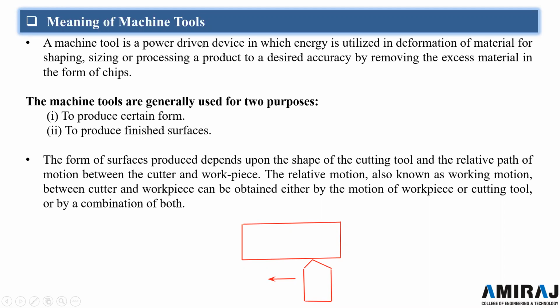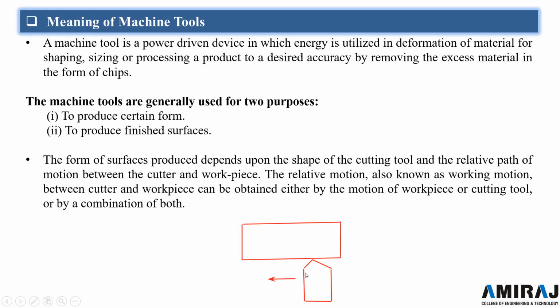The relative motion is also known as working motion. Here the workpiece will be in rotating motion, while the tool will be in translatory or linear motion. The relative motion between cutter and workpiece can be obtained either by the workpiece or the cutting tool or by a combination of both.